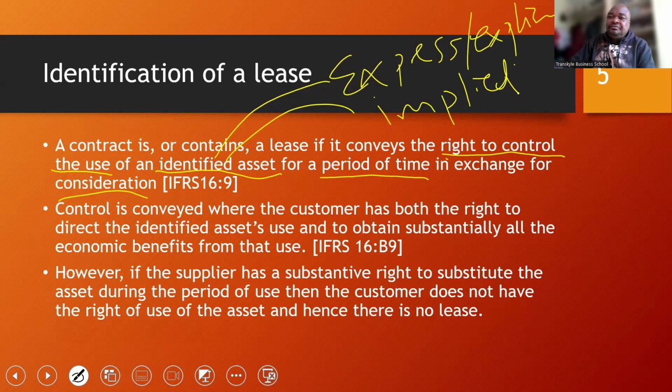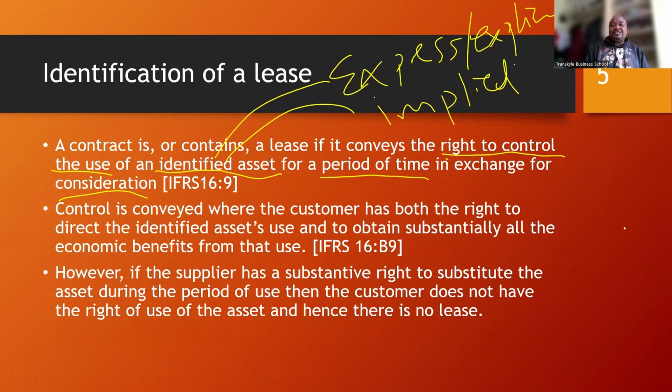Express simply means that the asset under consideration is house number 2024, Wedza Road, Harare. That's to explicitly state the asset in question.